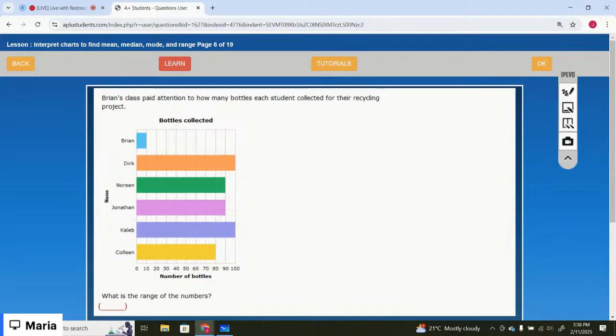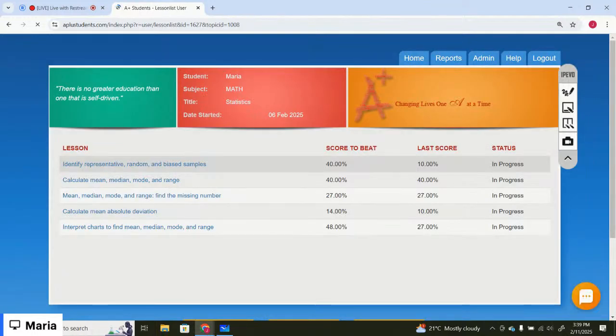So we were working on grade 6 math. The chapter we were working on is statistics. The lessons we have covered today are mean, median, mode, and range; find the missing number; calculate mean absolute deviation; and interpret charts to find mean, median, mode, and range.